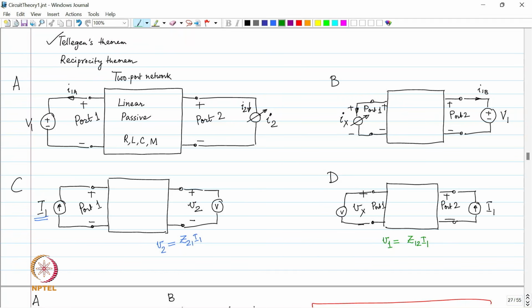Reciprocity theorem tells you that these two are equal, which automatically means that Z12 and Z21 have to be equal.